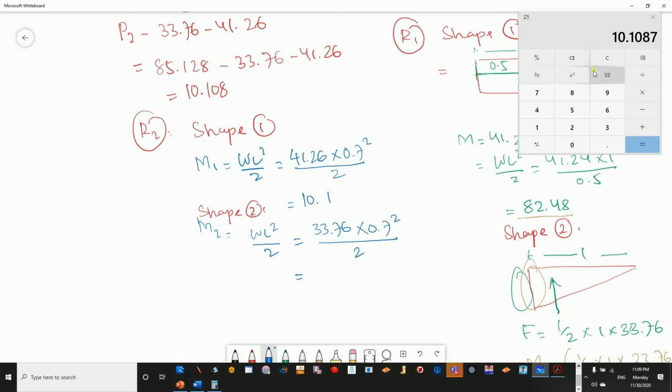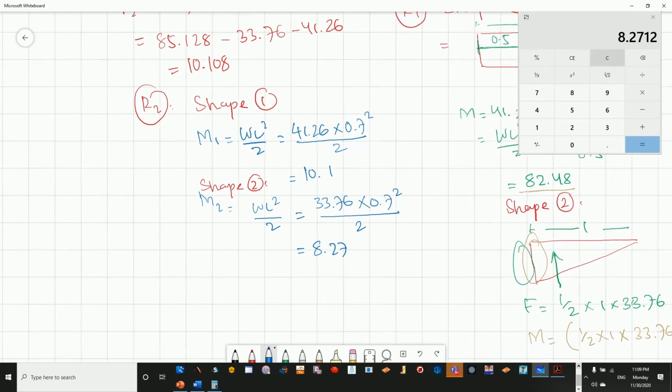So 33.76 into 0.7 into 0.7 divided by 2. So that's going to give you around 8.27.